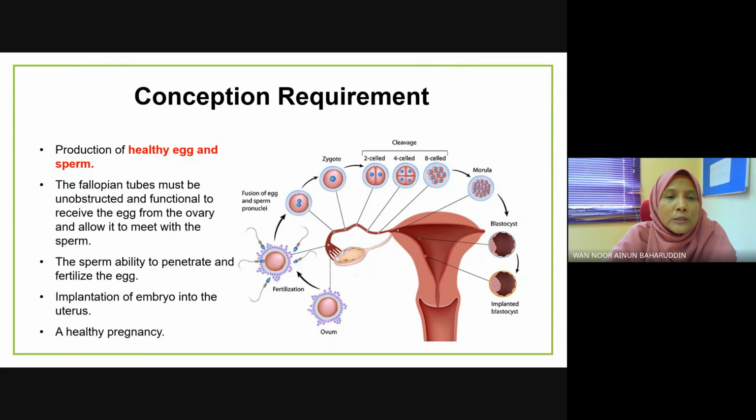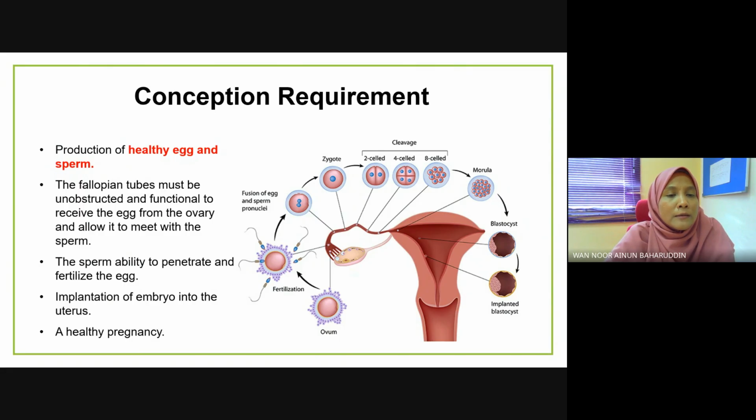So the conception requirement should be a healthy egg and healthy sperm. Both of them should be healthy. Second, the place itself. The fallopian tube must be unobstructed, not obstructed with anything, and should be functional to receive the eggs from the ovary and to allow them to meet with the sperm.